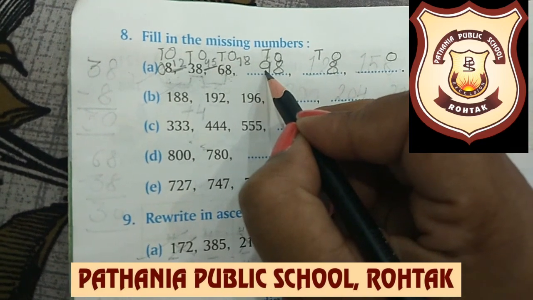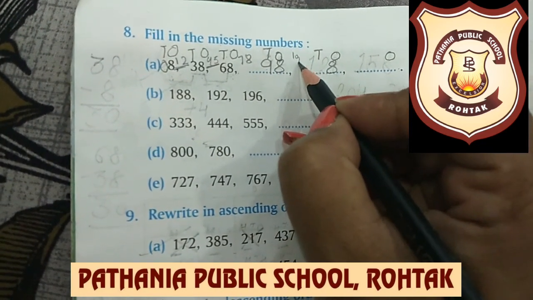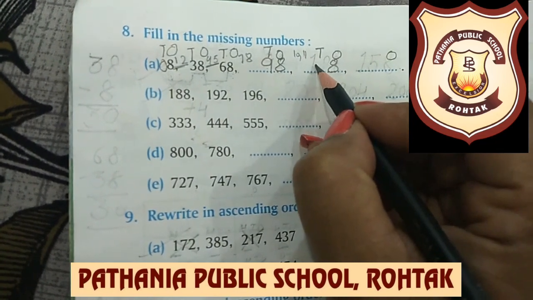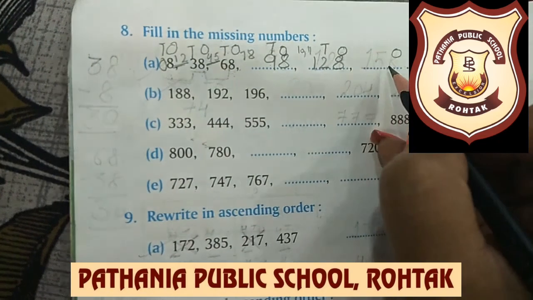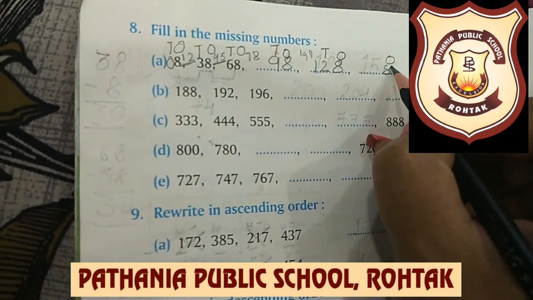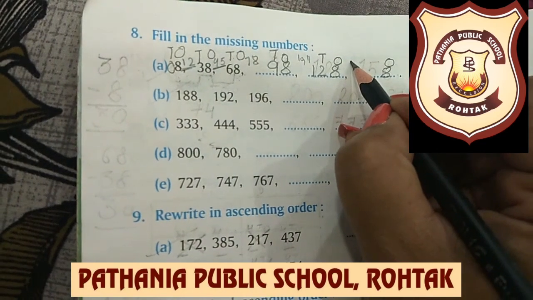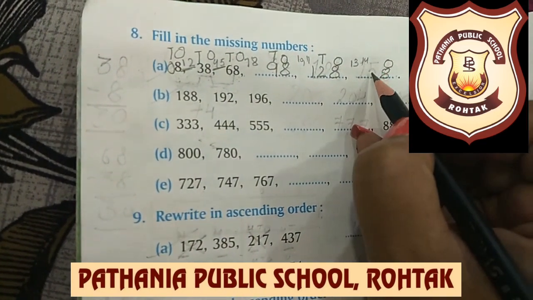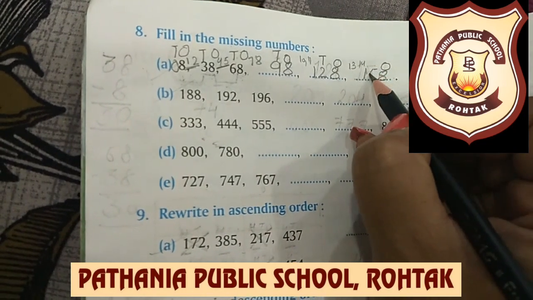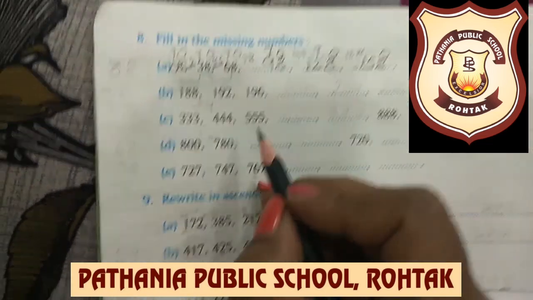Again after 9 we need to skip 2 tens, 10 and 11. So here it will come 12. Now again at the ones place digit 8 will remain the same. Now after 12 we need to skip 2 tens, 13 and 14. So here it will come 15. So the number is 158.